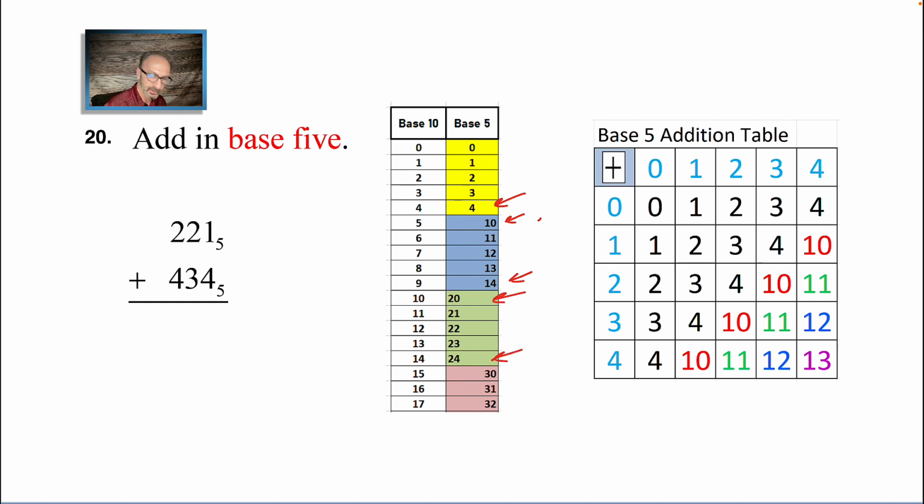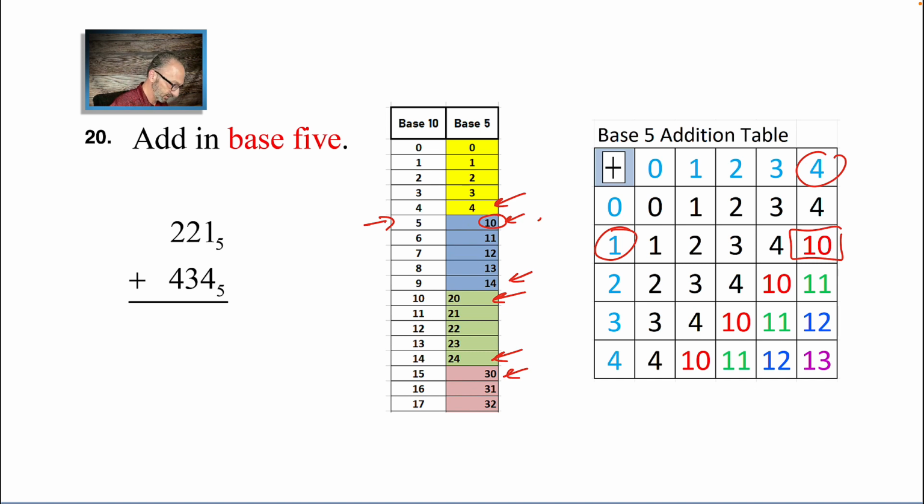After 24, 4 is the highest. Add 1 more, 30. Let's see what is 1 and 4. It's a 5. 5 means 1 five and 0 ones.